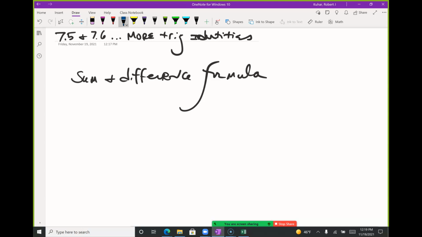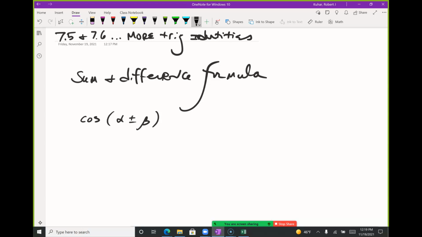So our first sum and difference formula is for cosine of alpha plus or minus beta. What I'm talking about now is I have two angles. I've been dealing so far just with a single angle. So now I'm using two Greek letters for my two angles, alpha and beta.